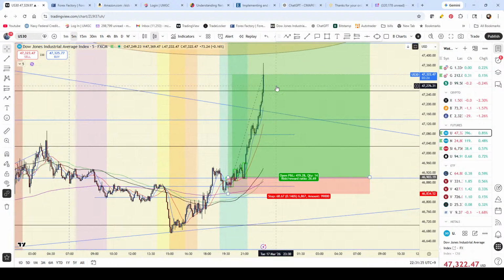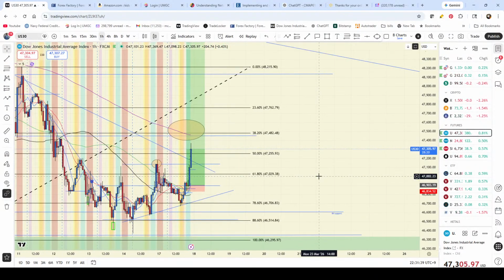Let's see what she wanna do. Market just opened, 9:31. Let's see what she wanna do. I may have to exit this trade because I got a meeting. I don't want to lose my profits. I can't watch it.